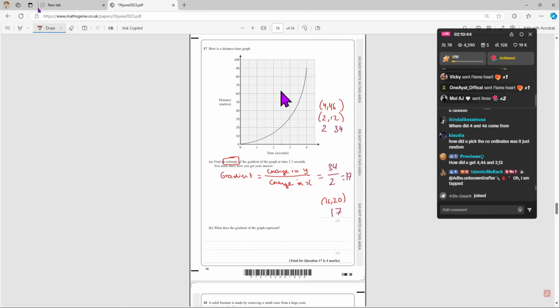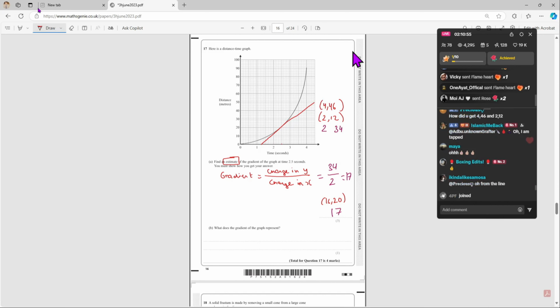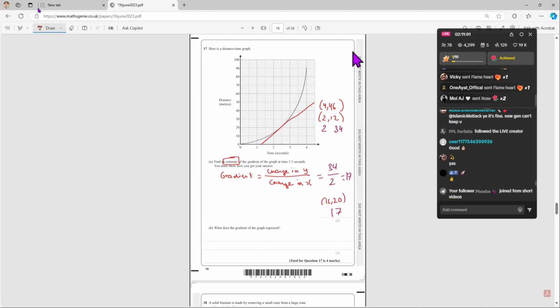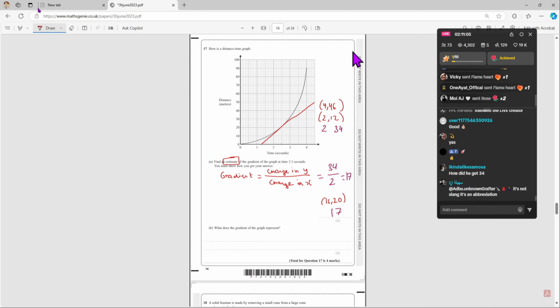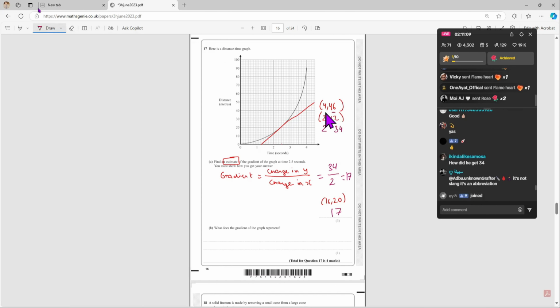Give a thumbs up if you know what I mean. It just depends on your straight line, but I don't have a ruler to draw on the computer. So how did I get 34? I subtracted the y values and the x values to get 34 and 2.